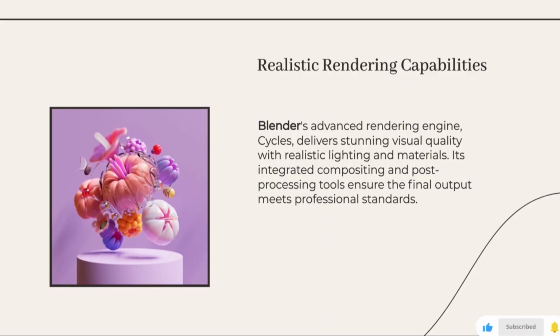Its integrated compositing and post-processing tools ensure the final output meets professional standards. Once you are doing the final file, it will ensure that the final output meets the professional standards required for creating 3D animation.